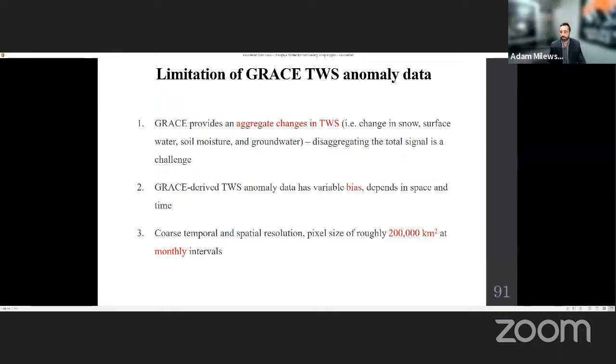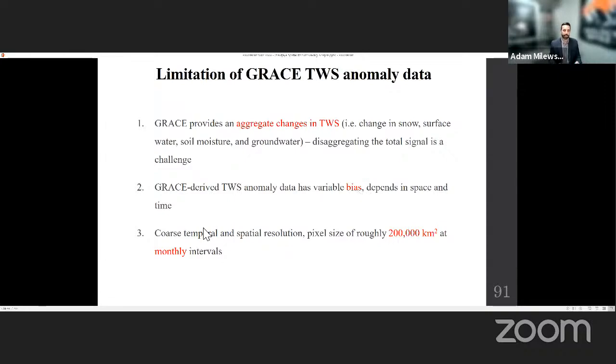If I'm looking at the central part of Africa, there are fewer issues. If I am on the northern coast of Africa, we have something called leakage error between the oceans and the lands. And so a place like Indonesia is going to have a lot of leakage error. So there's going to be some variable bias. It can be removed, but that's some of the bias.